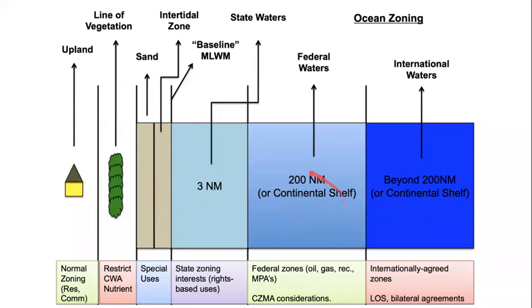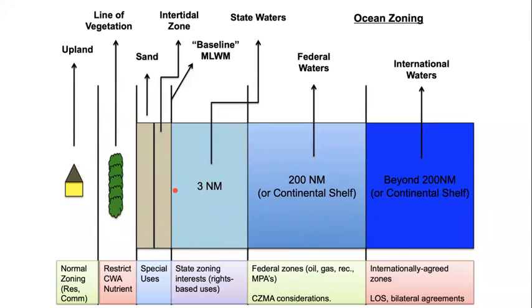But once we get into this 200 miles, or the extent of the continental shelf when the continental shelf is longer than 200 miles, that's under UNCLOS, then we deal with these federal zones. And in the United States, we have the Federal Coastal Zone Management Act, the CZMA, and that adds additional considerations. The Coastal Zone Management Act provides incentives for coastal states to develop coastal zone management plans.